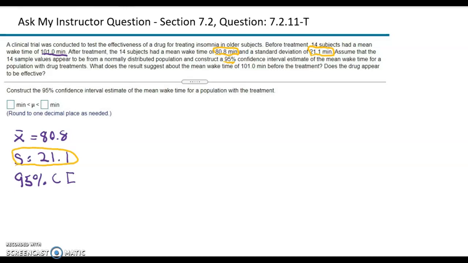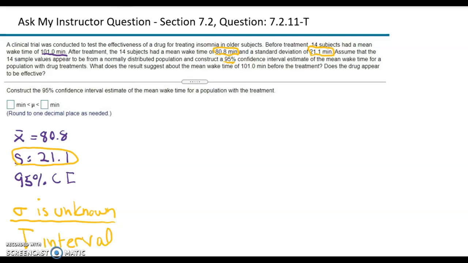That is a sample standard deviation, so we can say here that we do not know the population standard deviation. So sigma is unknown. I usually like to go ahead and write that right on my paper so I choose the correct test. So I'm going to find a T interval.